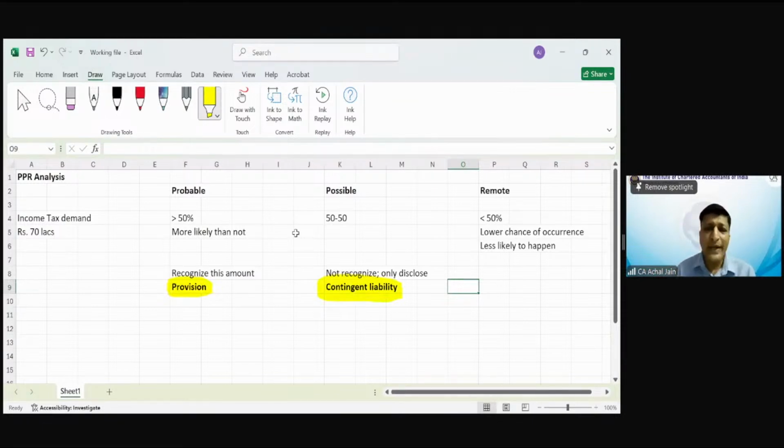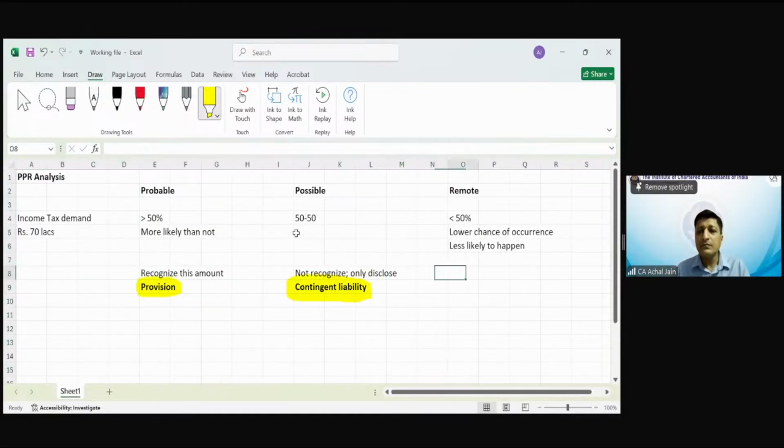Whether it's 10%, 20%, 15%, 35%, we don't know. All of these are judgmental. Please understand, all of these are judgmental. One has to apply the judgment. That's why these analyses are not very simple. They are not very easy. They require some sort of judgment to be involved. Okay. So in this case, when we say that the chances of losing the case are remote, what will the company do in its books of accounts in relation to this demand? Nothing.